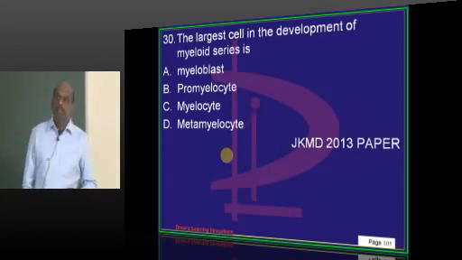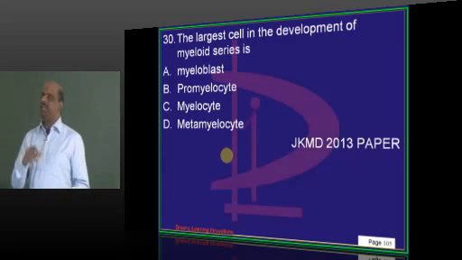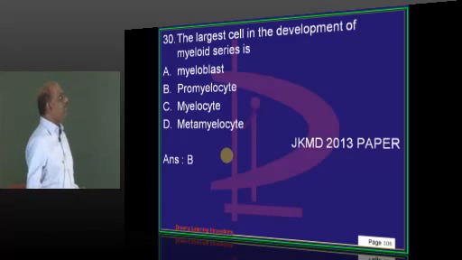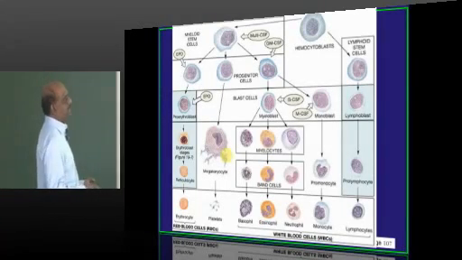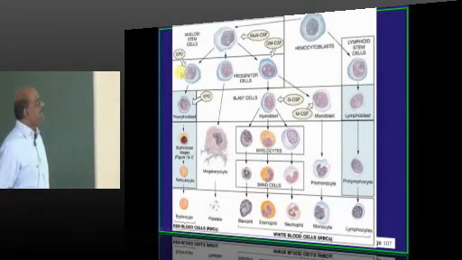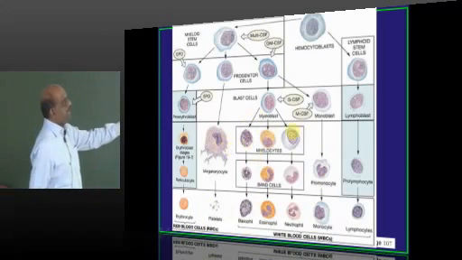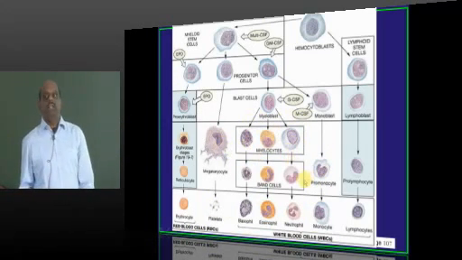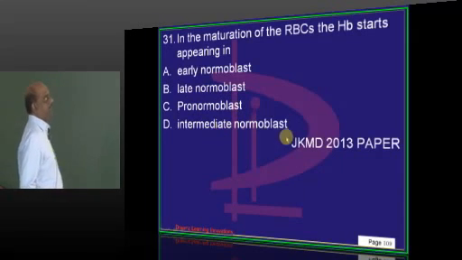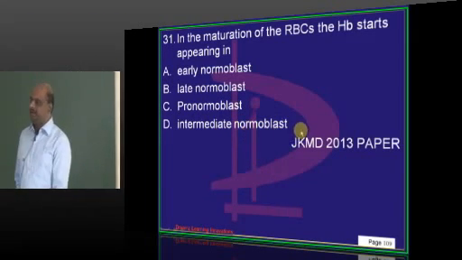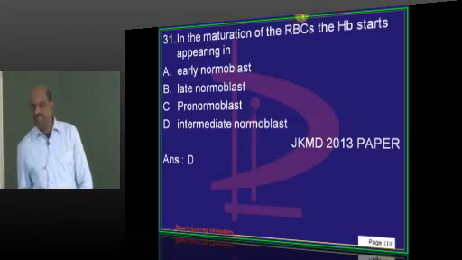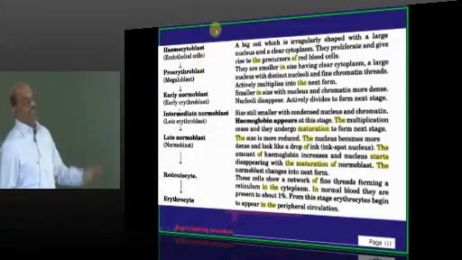Now doctor, what is the largest cell in the myeloid series is an important question. It is the promyelocyte. Promyelocyte is the one which is considered to be the largest cell in the myeloid series. When will hemoglobin start appearing in erythropoiesis is a very, very interesting question.